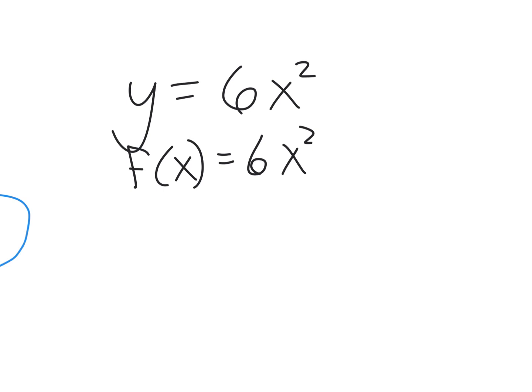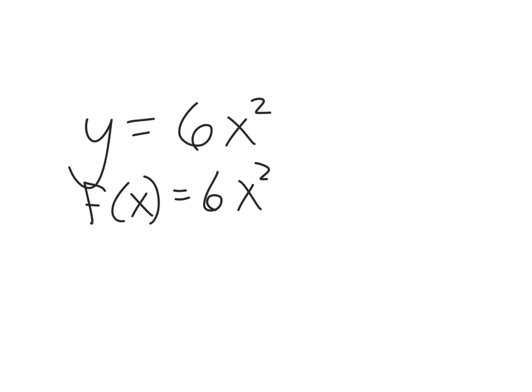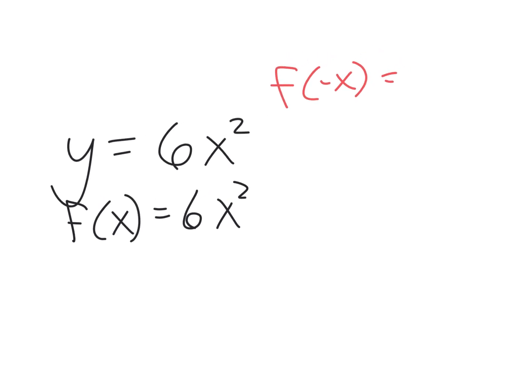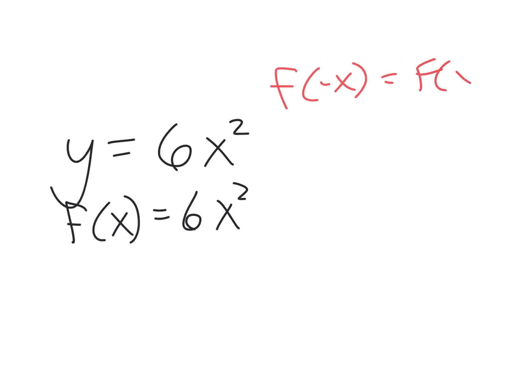That's not proof. What's the proof? If you put in negative x, this should come out to regular f of x. That's the even rule. The odd rule has negatives on both sides. That's odd.